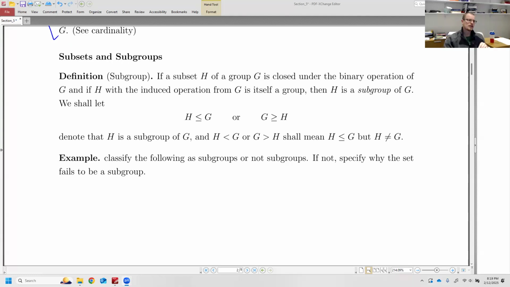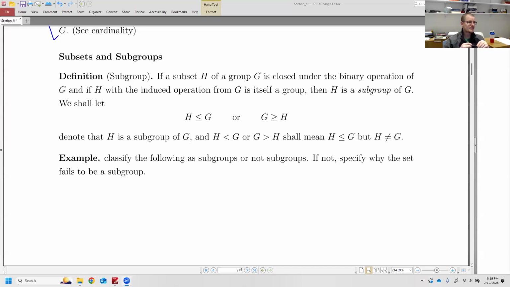And that's awesome. So if I want to extend that idea to groups to create a subgroup, essentially I only have to verify a couple of things. And we'll take a look at what we have to verify in a theorem a little bit later.